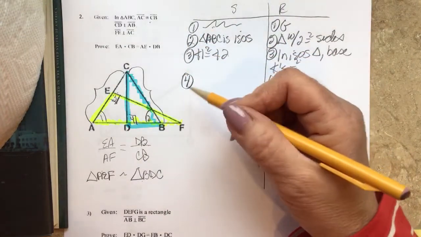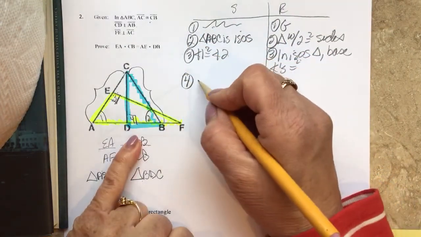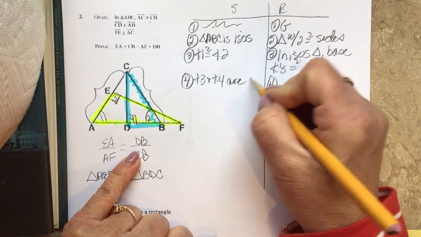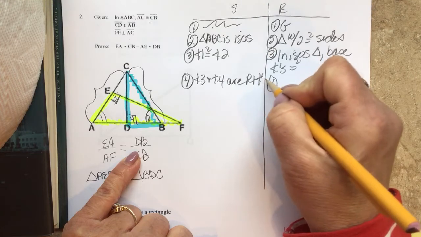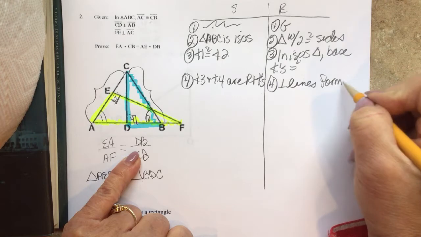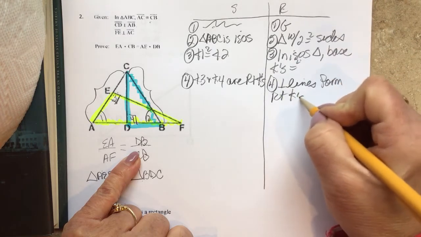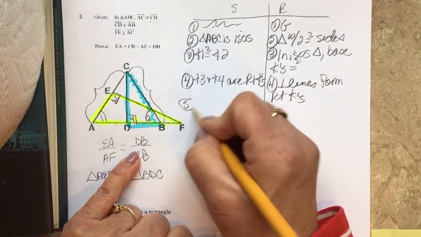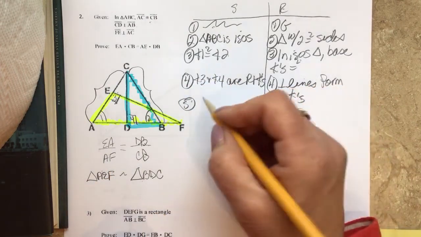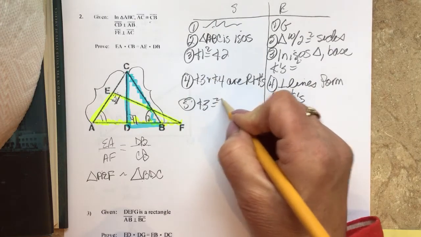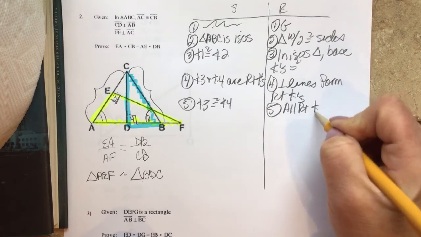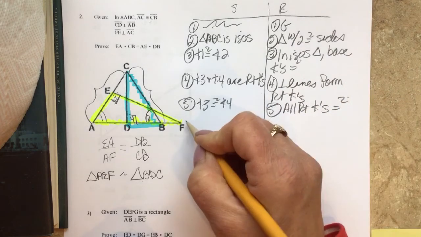Okay, so now I'm going to say angle 3 and angle 4 are right angles. And that's because perpendicular lines form right angles. Number 5, angle 3 congruent angle 4, because all right angles are congruent.